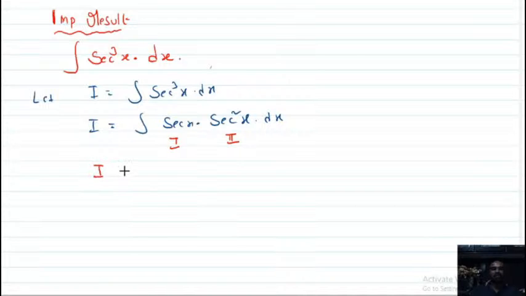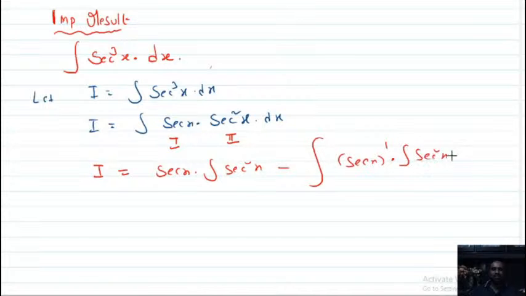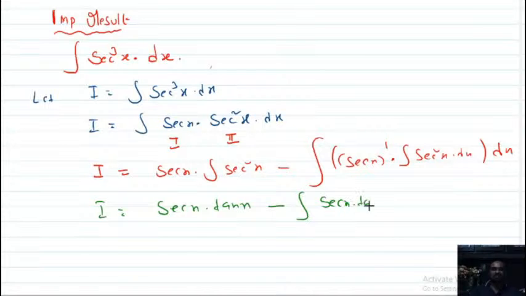According to integration by parts, I can write secant x into the integration of secant square x, minus the integration of the derivative of secant x into the integration of secant square x dx. So I is equal to secant x into tan x minus the integration of the differentiation of secant x, into the other tan x, into dx.